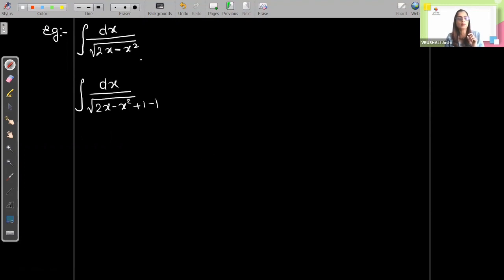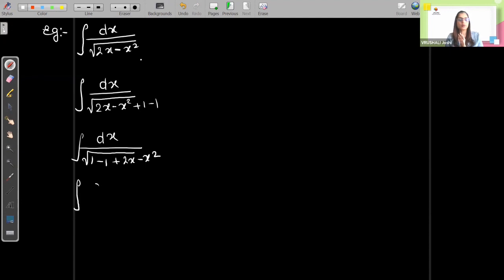Then this is going to be integration of dx by root of, let me rearrange the entire thing, 1 minus 1 plus 2x minus x square.